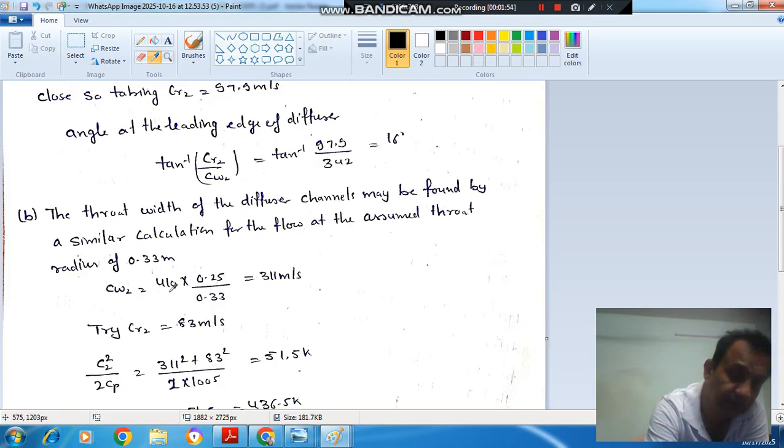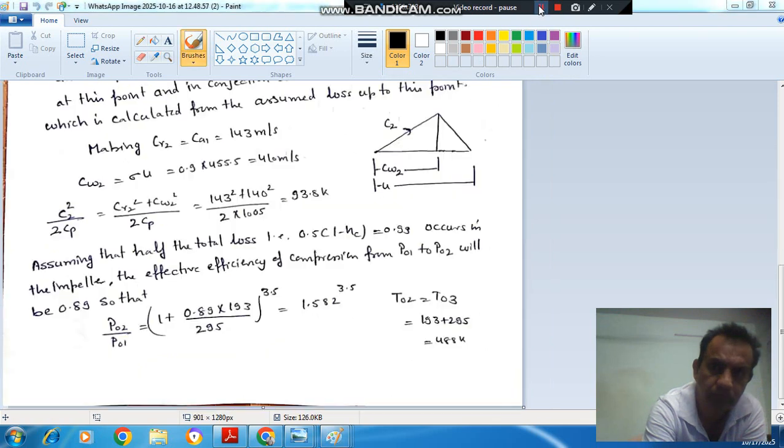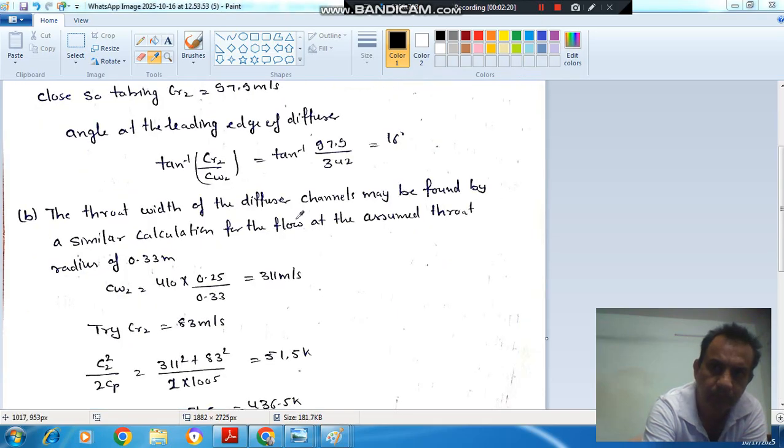The whirl velocity at the impeller tip is 410, and the radius is 0.25. We have taken these data from the previous example, and T02 is 488. So CW2 at the diffuser throat comes out as 311 meter per second.